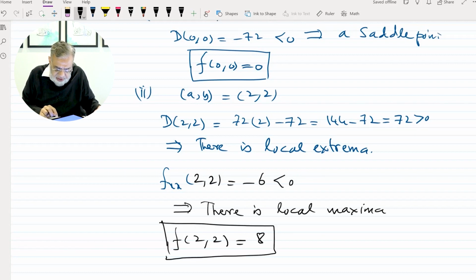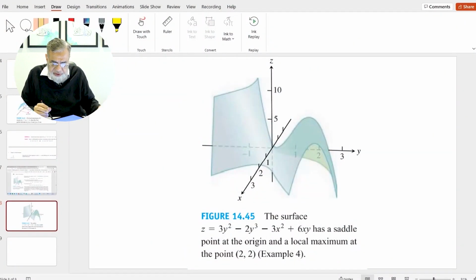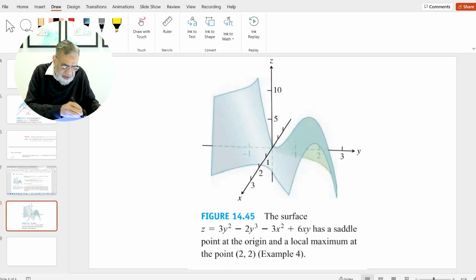I want to show you this in a graph of the same function. As you can see, it is going below to a minimum here, and going above here, and this point is the saddle point, and this point is point (2, 2). This is our maximum, the point f(2, 2), and the value of f(2, 2) was 8.